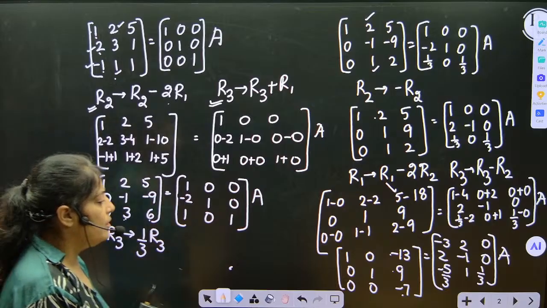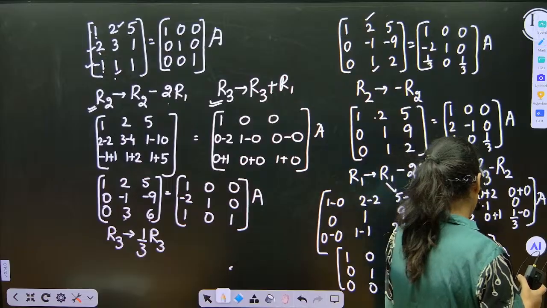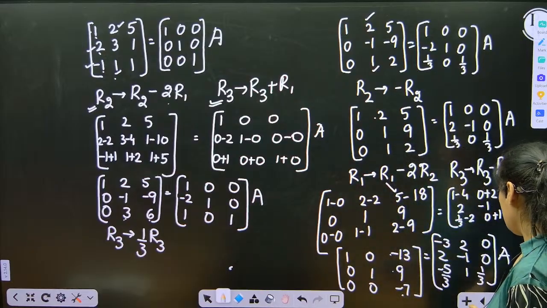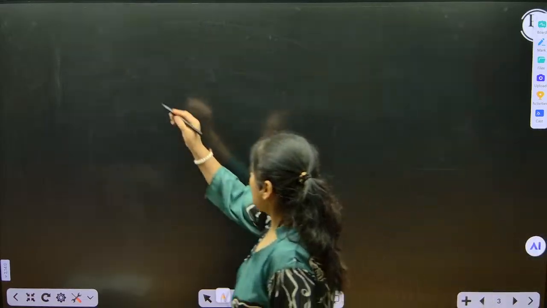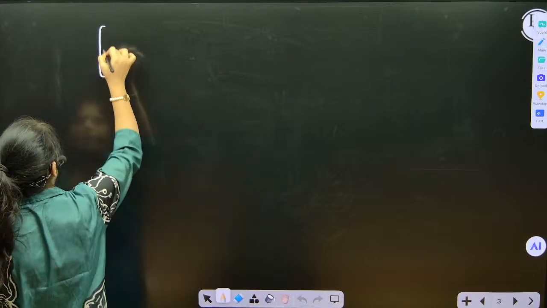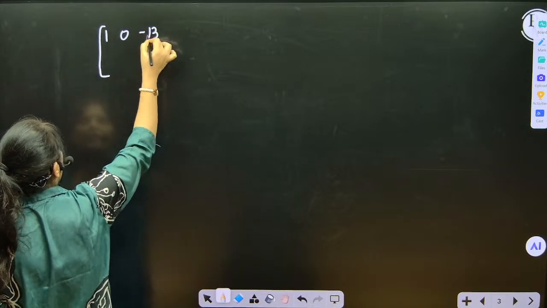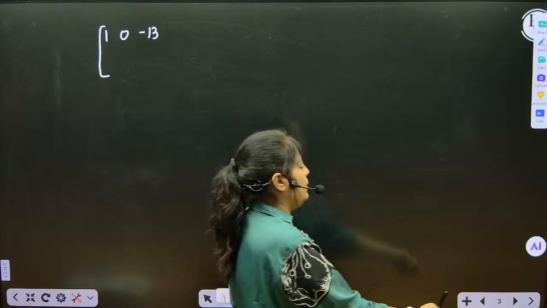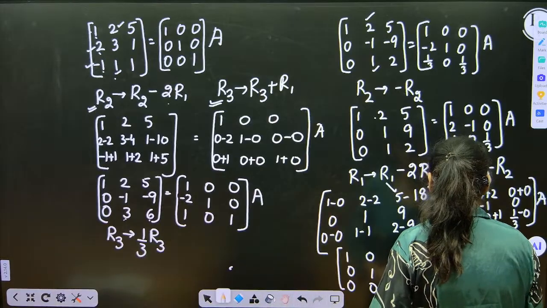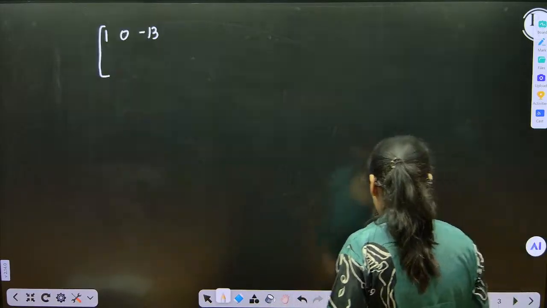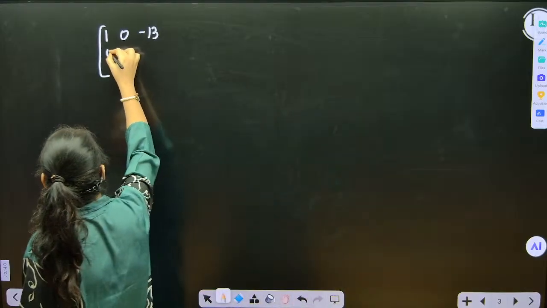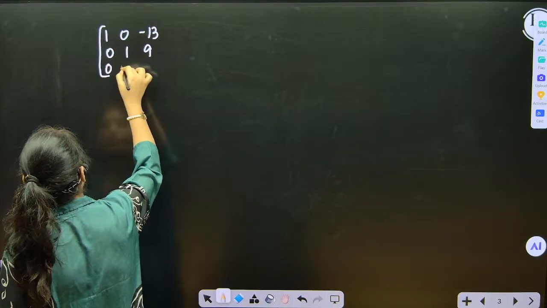All right, that you can complete later on also. 1 0 minus 13. Now the last step is 1 0 minus 13, 0 1 9, 0 0 minus 7.